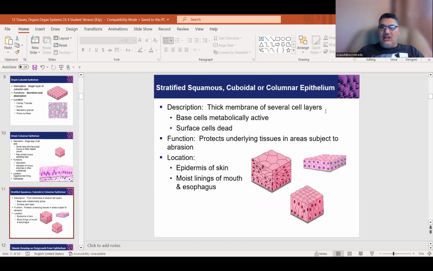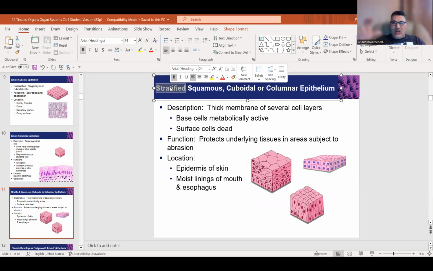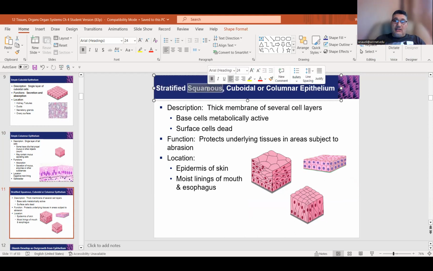Now, next level will be stratified. What's stratified? Strata. Strata is layers, multiple layers. Multiple layers of what? It can be multiple layers of squamous, so stratified squamous. Multiple layers of cuboidal, stratified cuboidal.